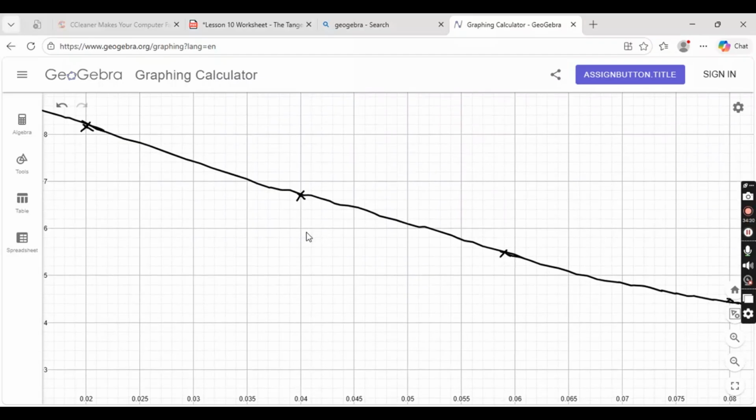Okay, what do you think we should do to find the gradient? We can use the gradient of this line. We can use the points at 0.